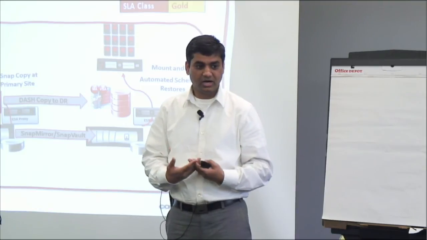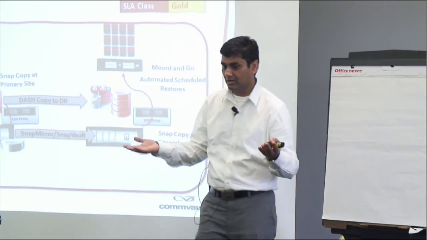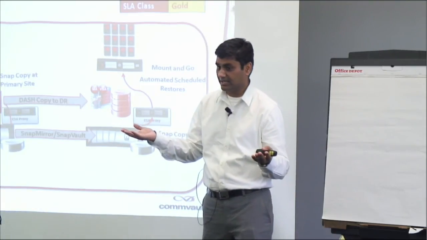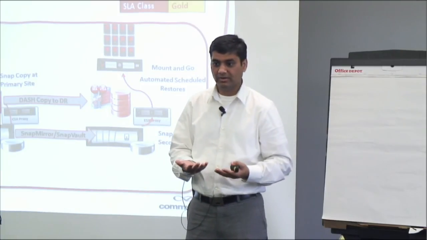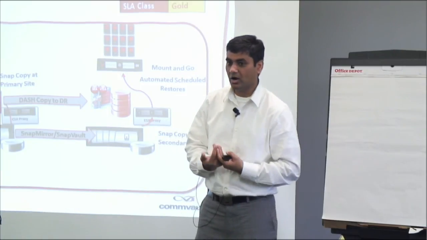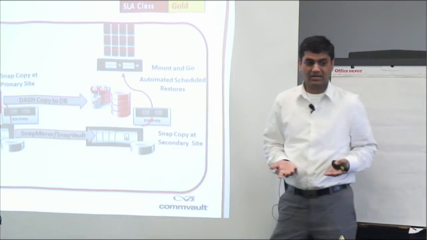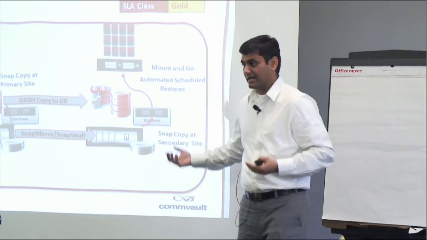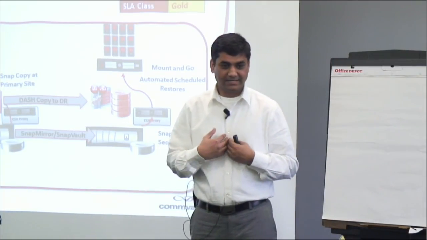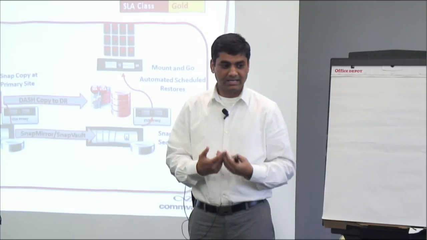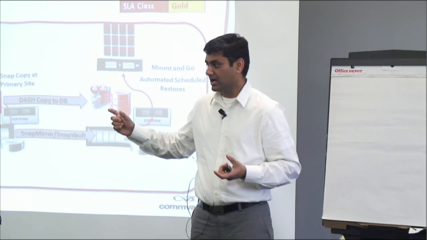But if the storage array is not capable, if I don't have identical storage on either side, I'll use my own efficient data transfer technique. So we are not so hung up about who does the data transfer. As long as it gets there and as long as I have the index and the metadata, I can keep track of where the data is regardless of who moves it.